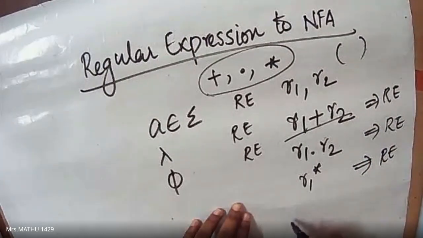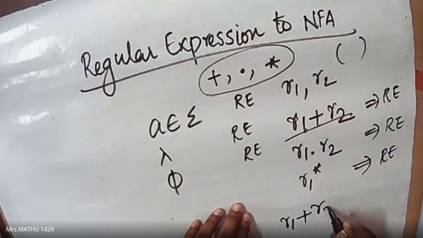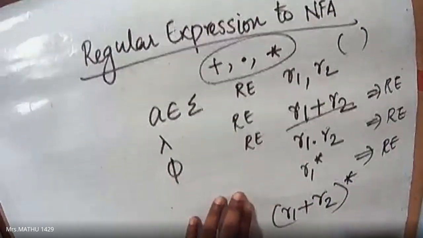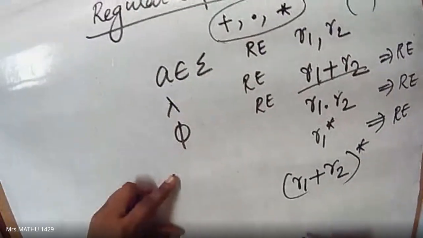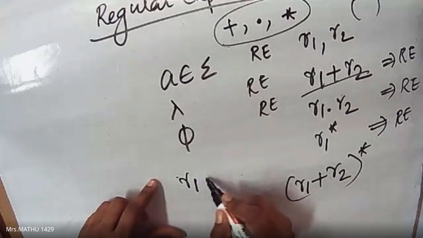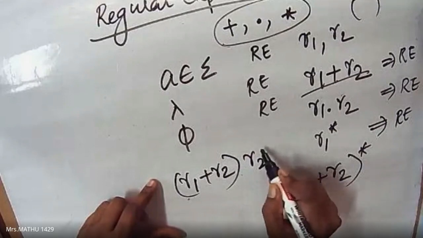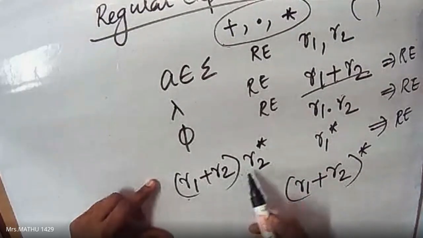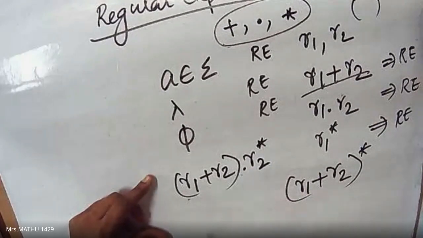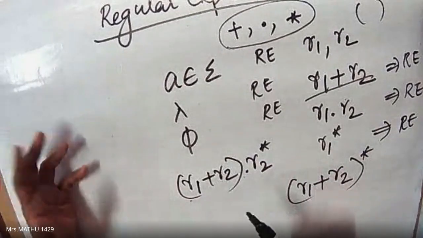So it can be like R1 plus R2, the whole star, or you can write R1 plus R2 into R2, the R2 star. Here a dot is there, so this is also a regular expression.